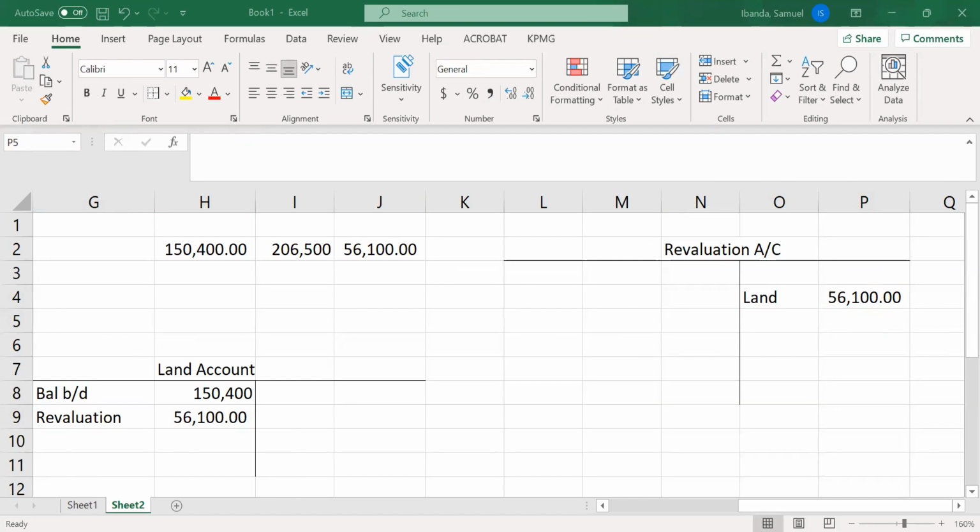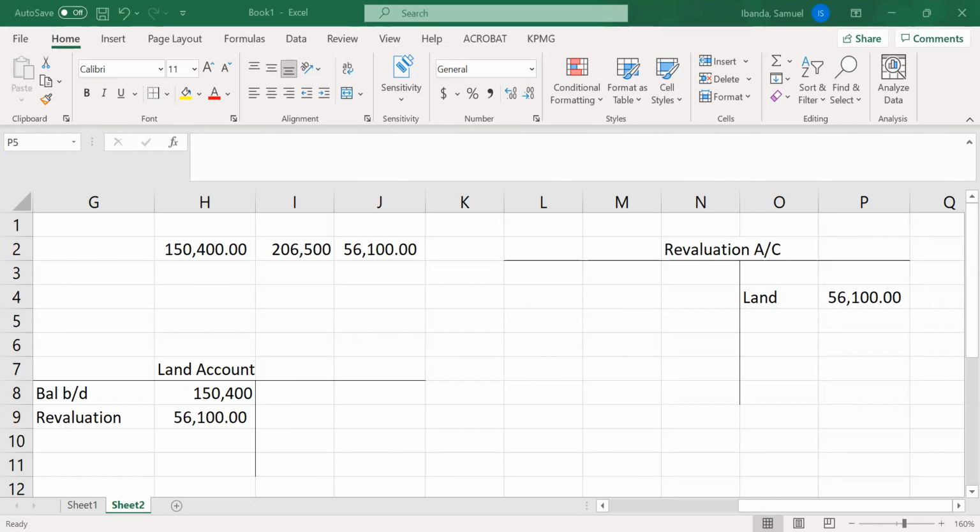Now as you can see, they mostly looked at the non-current assets. Those are mostly the ones that we revalue. Now that revaluation is not in any way different from the one we do for the private sector. I know sometimes the examiner might want to bring in something of revaluation when it comes to questions of depreciation, okay?